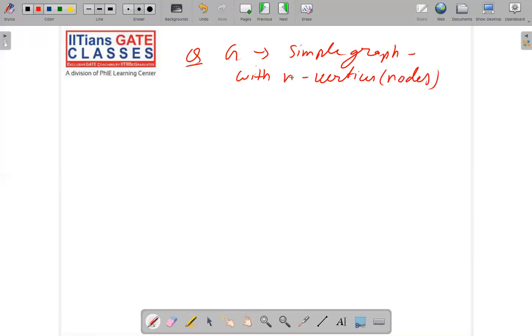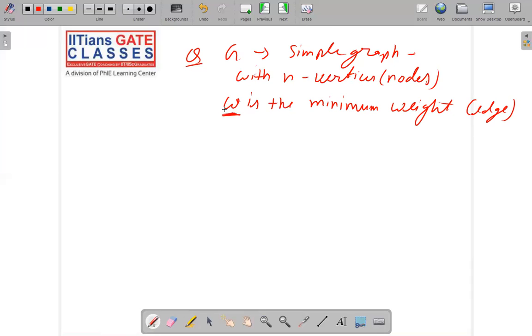There are n nodes in the graph, and w is the minimum edge weight. It is given that the small w is the minimum edge weight among all the edges.